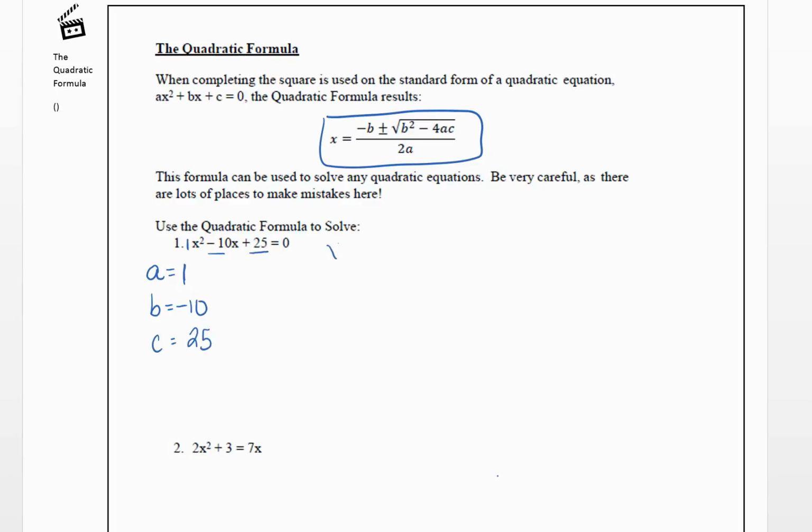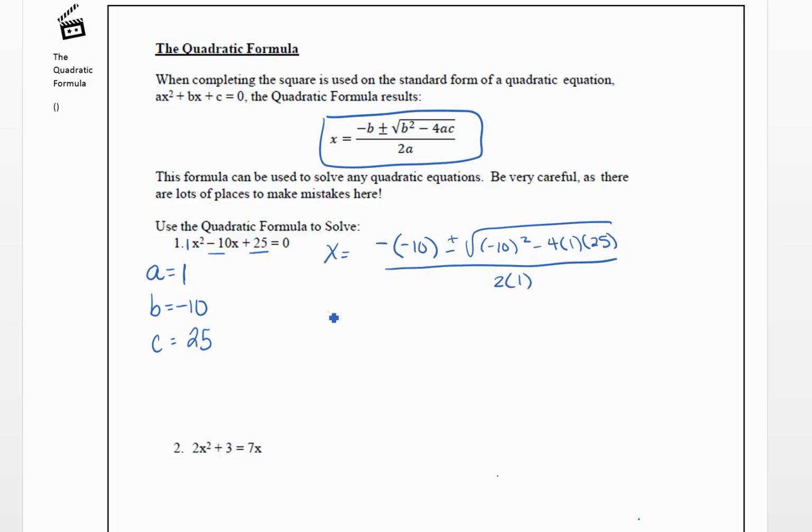Okay, so we're going to have x equals negative b, so negative 10, plus or minus the square root of b squared minus 4 times a times c, all over 2 times a.